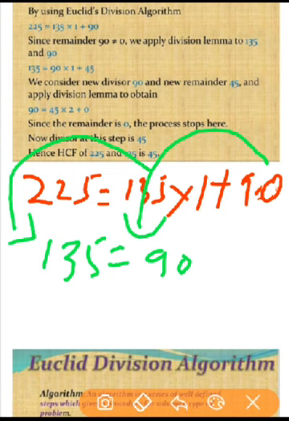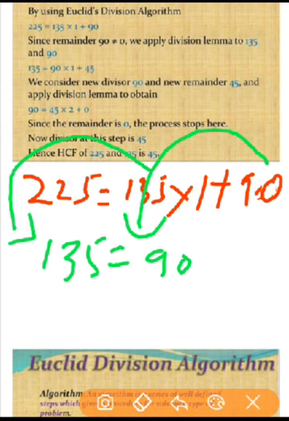Okay, got it? Once again I am going to repeat. The divisor in the first step will become the dividend for the second step, and the remainder in the first step will become the divisor in the second step.